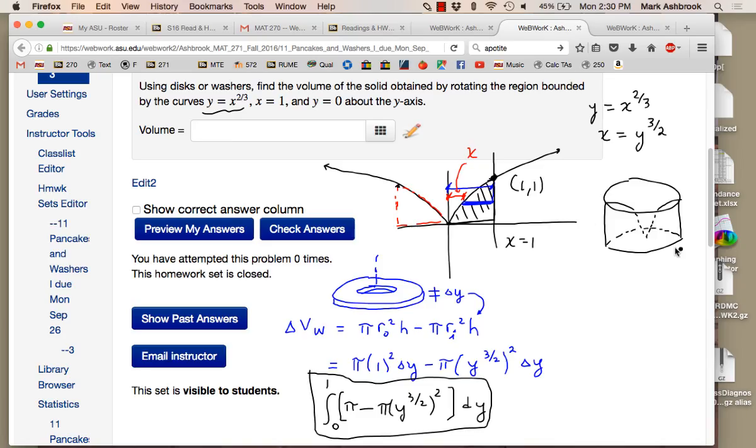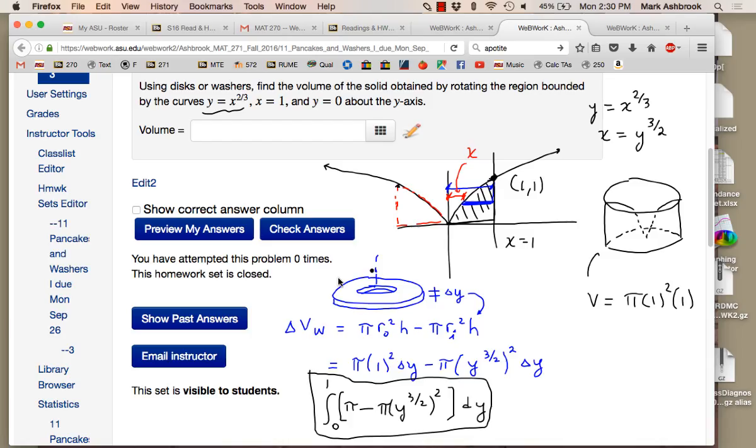This whole cylinder, not integration. So the whole cylinder using geometry would be volume equals pi times 1 squared times 1, right? And that's just the volume of that whole thing. And then you came in here and you actually did a pancake for the hole, and you subtracted that integral. Perfectly good. Perfectly fine. Yep.